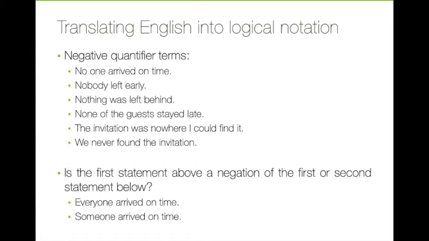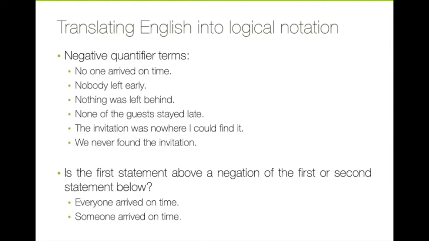And all the words below are more examples of negations that don't use the word not explicitly. No one arrived on time, nobody left early, nothing was left behind, none of the guests stayed late, the invitation was nowhere I could find it, we never found the invitation.